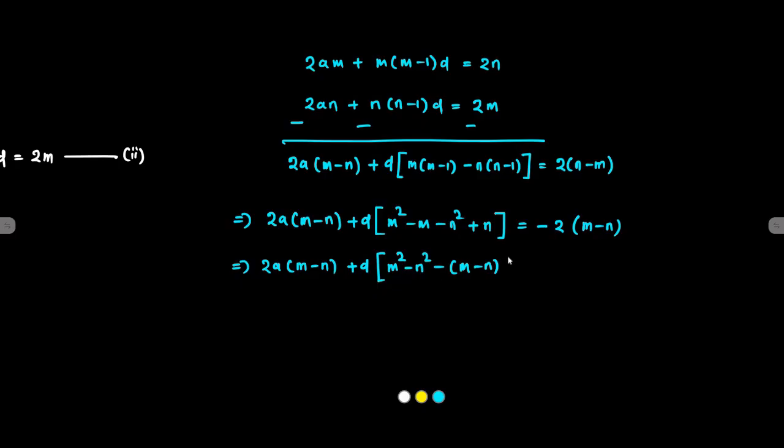We write it in this way: m square minus n square minus m minus n. Same thing, minus minus will become plus, minus m plus n. So this is equal to minus 2 into m minus n.